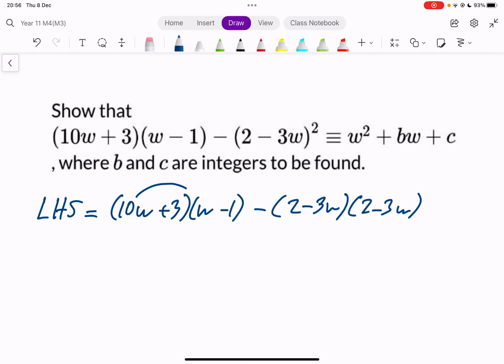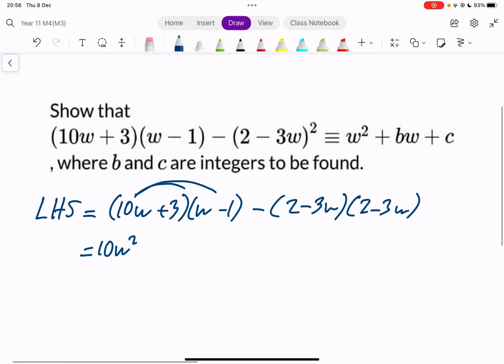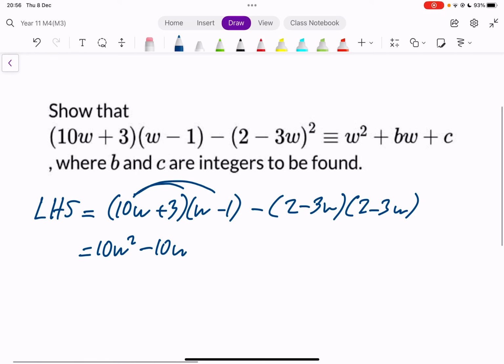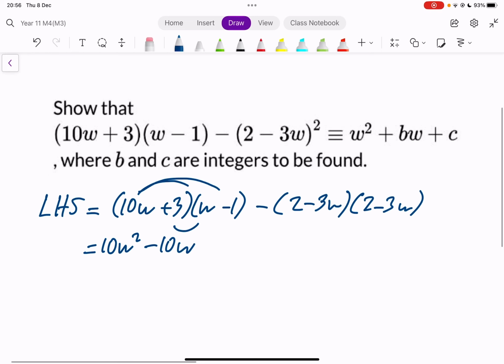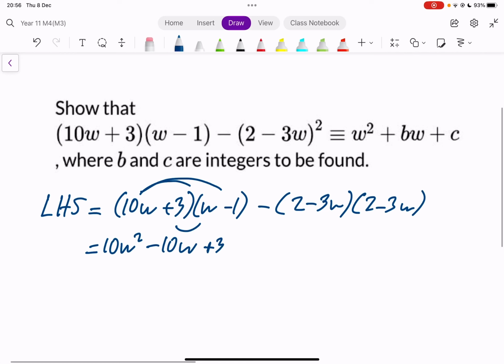So 10w times w is 10w squared, 10w times minus 1 is minus 10w, and 3 times w is just 3w, and 3 times minus 1 is minus 3.